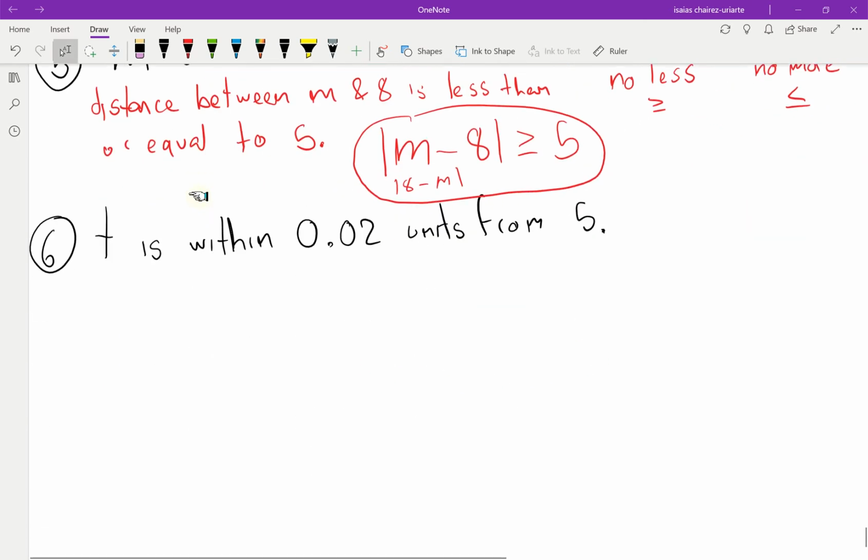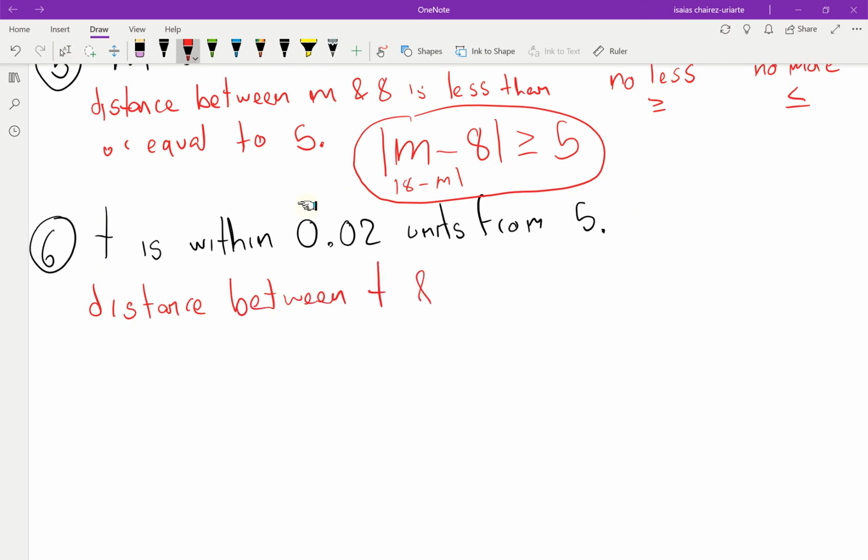Okay, the last one. T is within 0.02 units from 5. So let's think about the distance, like a distance statement first. What this is saying here is that the distance between T and 5 is 0.02, if you think about it. So right now what I'm saying is that the distance between T and 5 is less than 0.02.